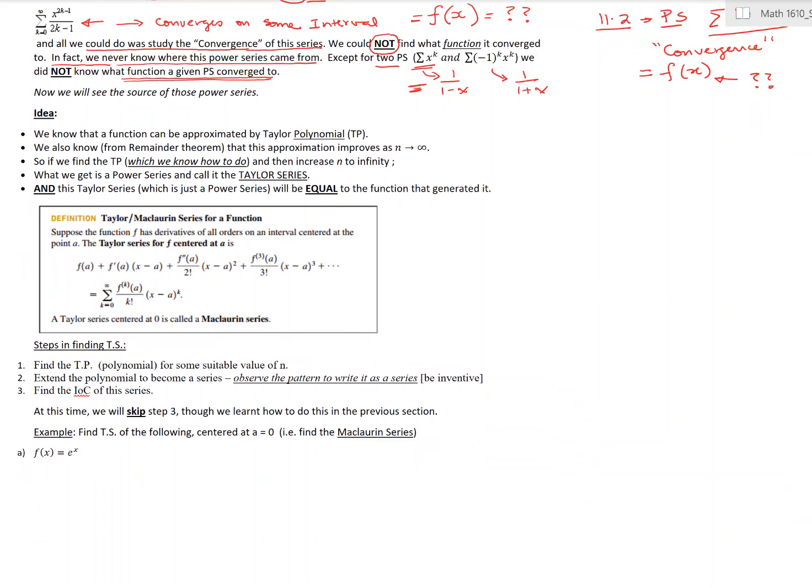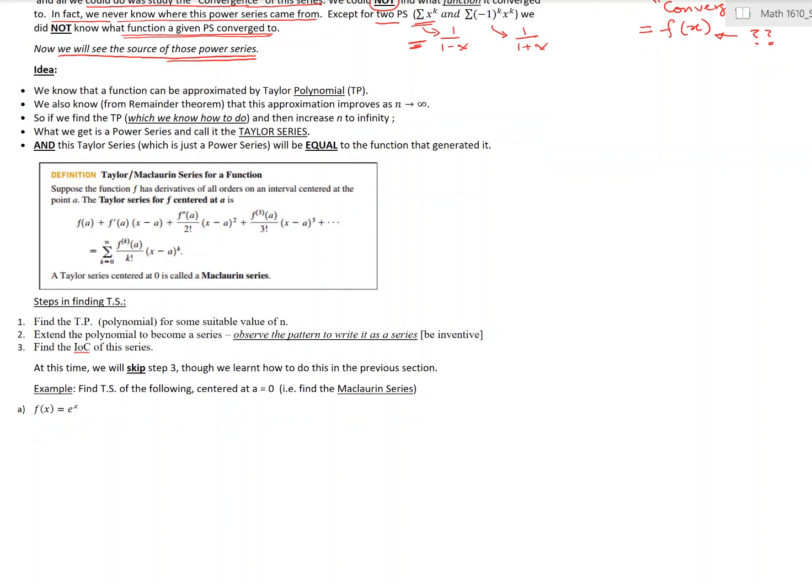So now in this section we'll see the source of these power series. Where did these power series come from? So that is the idea. We know that a function can be approximated by a Taylor polynomial. We also know from the remainder theorem of the first section that this approximation improves as n goes to infinity.